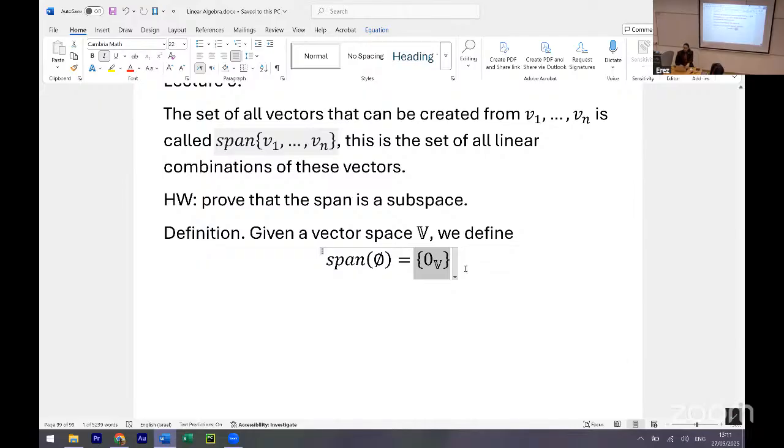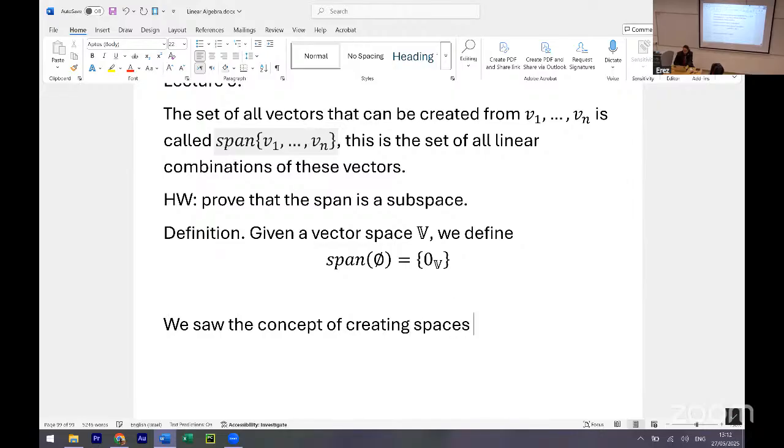Okay, so we saw the concept of creating spaces from given vectors.